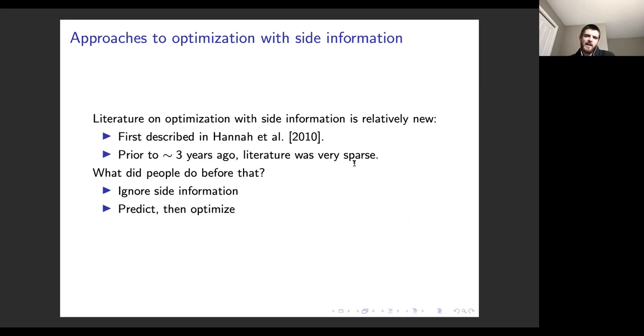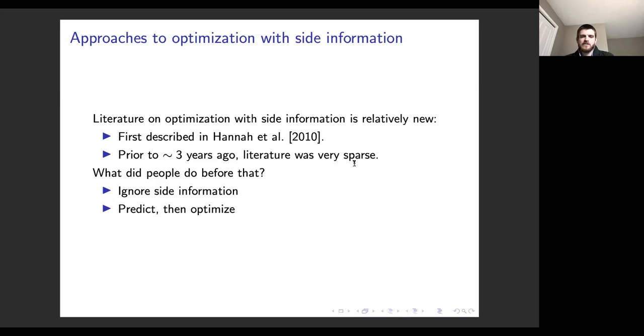But actually, this type of problem is not really new, in the sense that there's a lot of problems out there that have side information, and that companies or people in practice solve. So the question is, what were people doing before this literature came out?